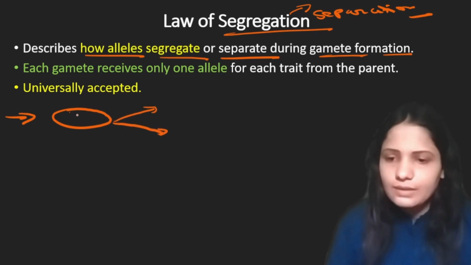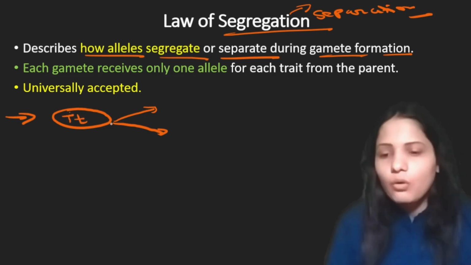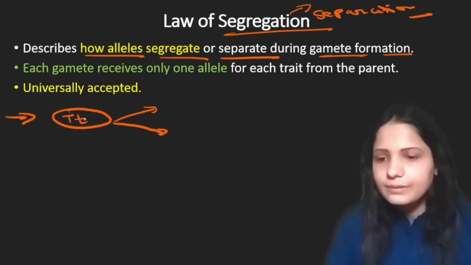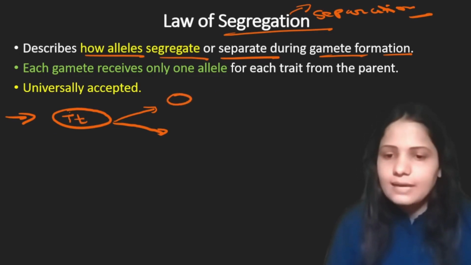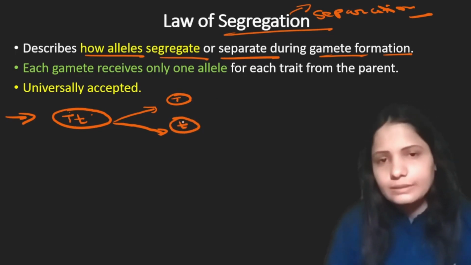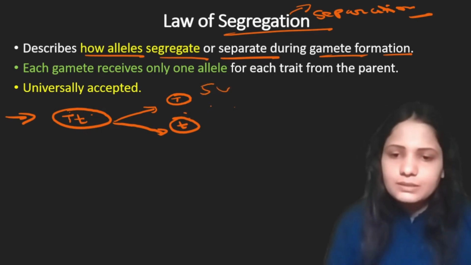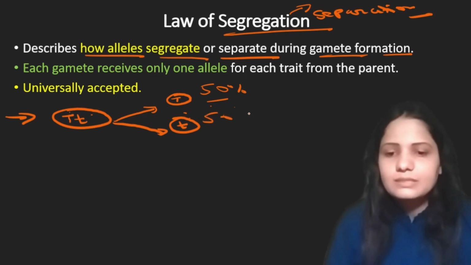In this case, we have 2 alleles, capital T and small t. On gamete formation, what will happen? These 2 alleles will separate in each gamete. This cell will give rise to 2 gametes. One will contain capital T and the second will contain small t. The alleles are separated during gamete formation. 50% of gametes will contain capital T and 50% of gametes will contain the small t allele.